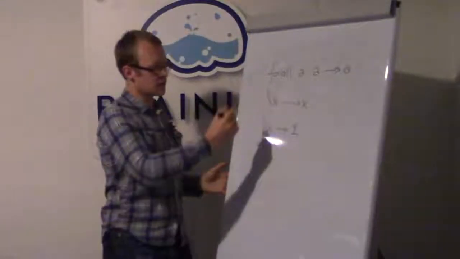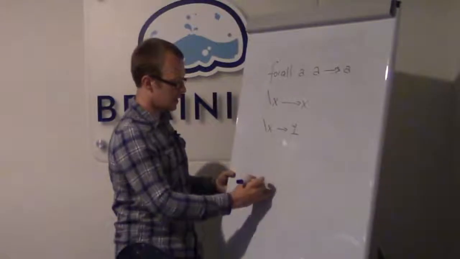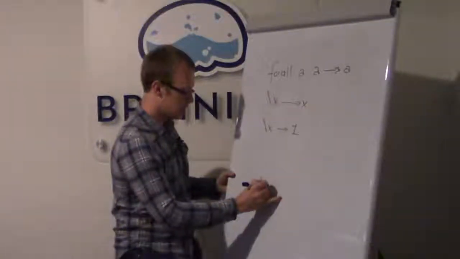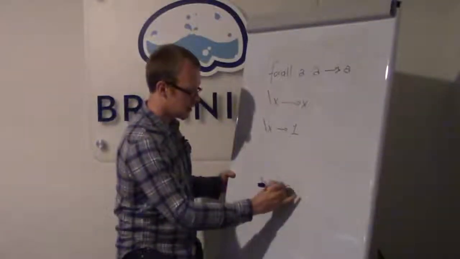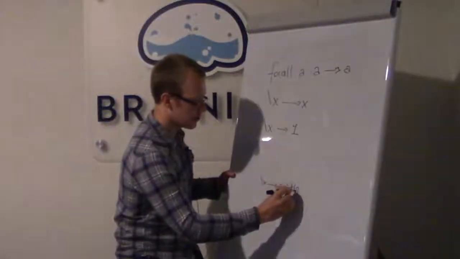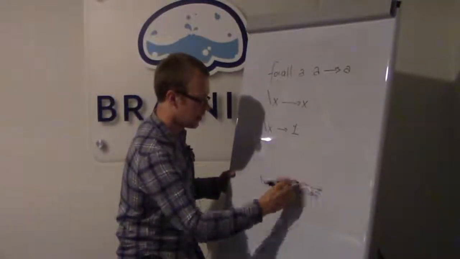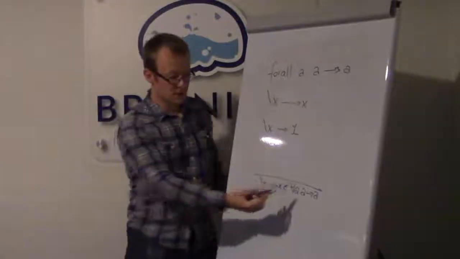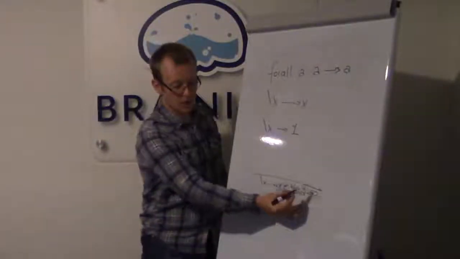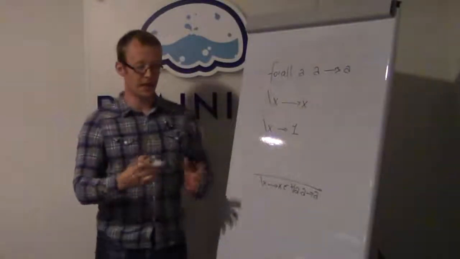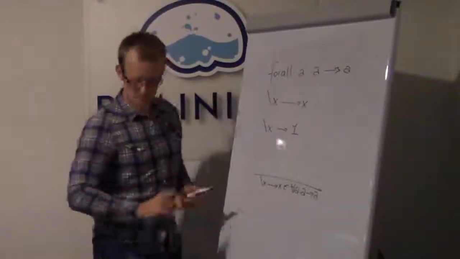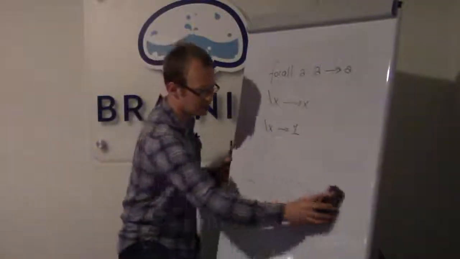So just to illustrate this quickly, if I want to check that lambda x goes to x checks against type, I'm going to write it this way, for all a, a to a, then the rule we use says we skolemize this polymorphic type. So I replace a... Wait, I'm getting lost at that. Yeah, so I'm going to have to write it a bit bigger, I suppose.